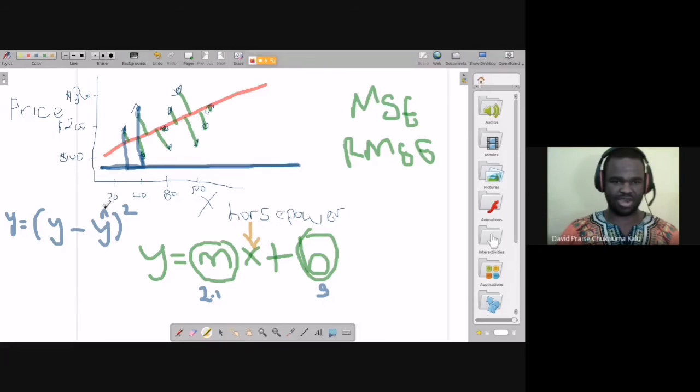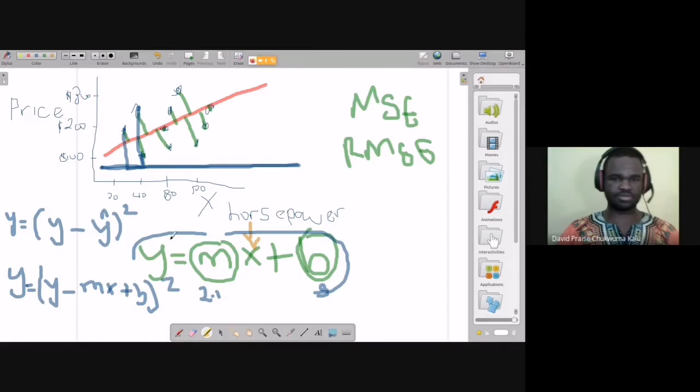And this y hat is basically this equation, so it can be written as y minus mx plus b, squared.